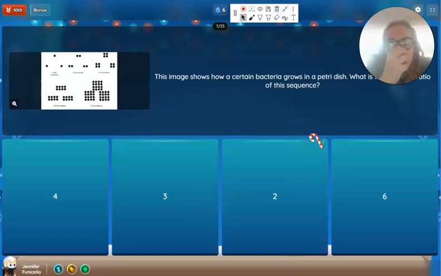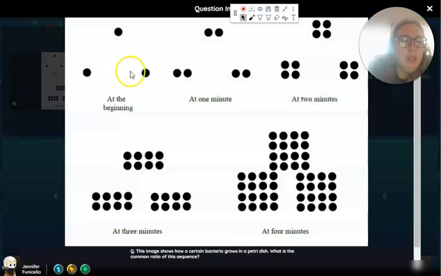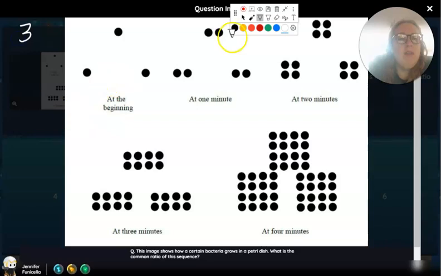The image shows a certain bacteria grows in a petri dish. What is the common ratio? Okay, so at the beginning, we had 3. 1, 2, 3. Now the bacteria has grown. We have 2, 4, 6.